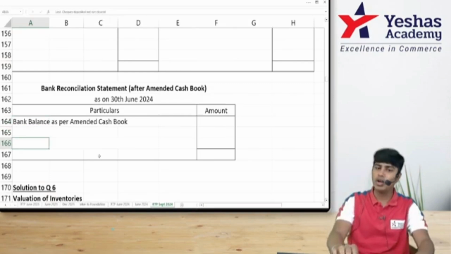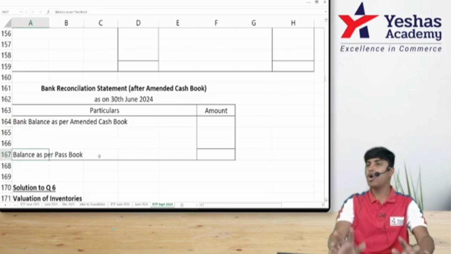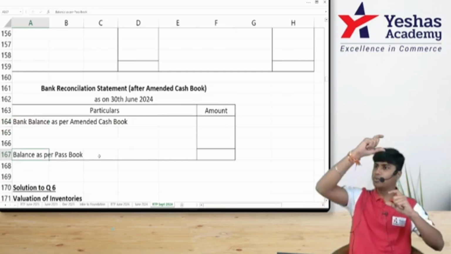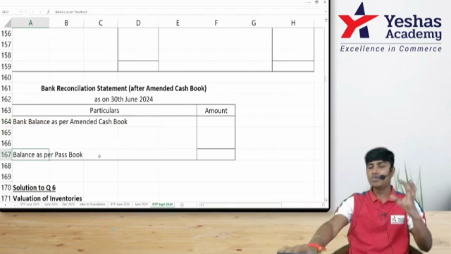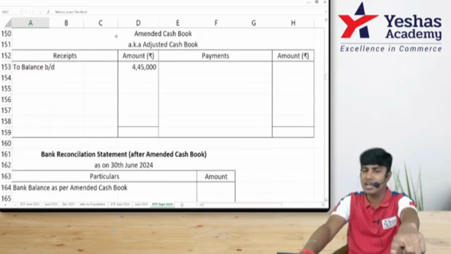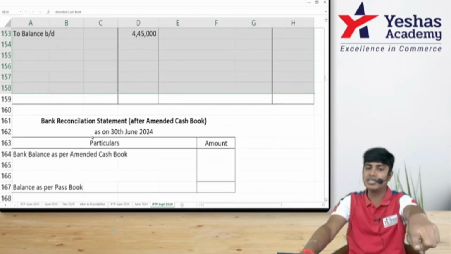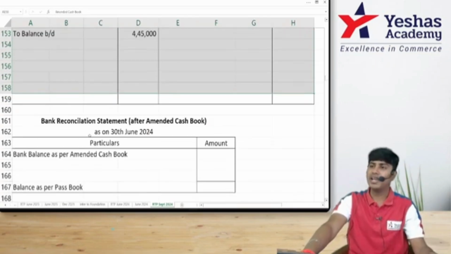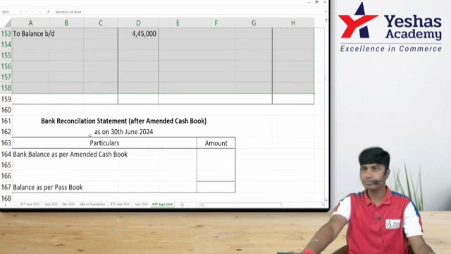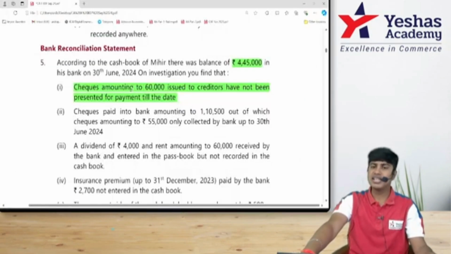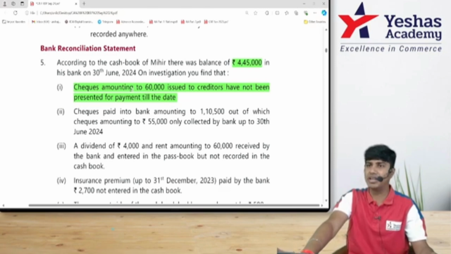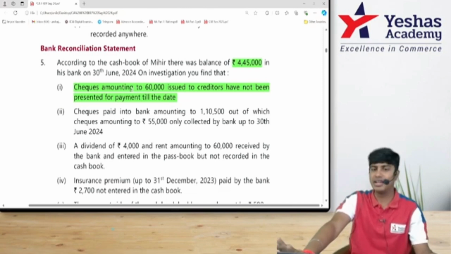I will do some add or less to arrive at balance as per passbook. Always it is amended cash book first. Rectify the errors. And whatever is the balance in the amended cash book, that will become the starting point for BRS after amended cash book. Got it? So this is a timing difference. Timing difference, I'll keep it in green. If it is a non-timing difference requiring adjustment, I'll mark it in red.